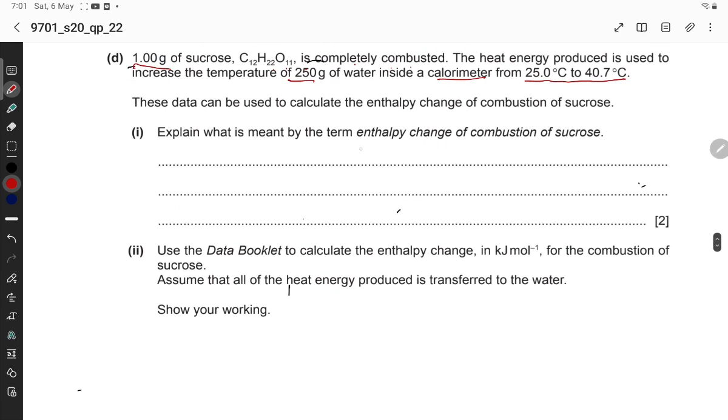Explain what is meant by the term enthalpy change of combustion of sucrose.